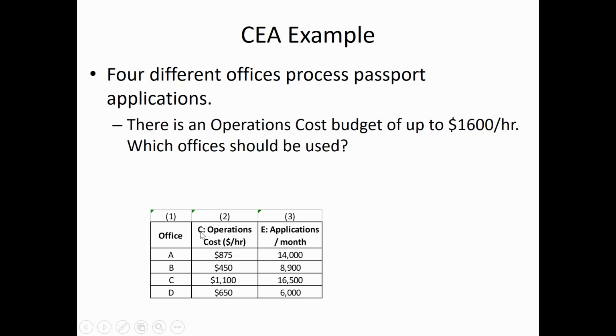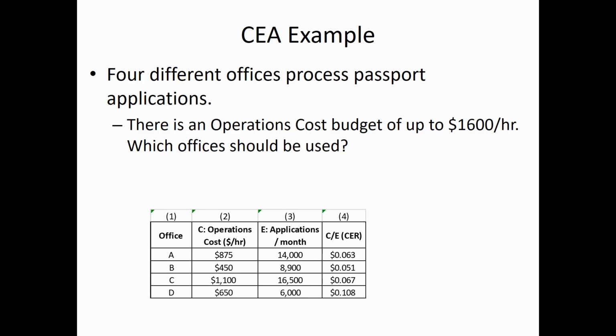We've got our costs and our effectiveness. Both of them are per unit time, but even though we're making a ratio, the time doesn't necessarily have to be the same. We could convert these costs per hour into cost per month by multiplying by 40 hours per week and 4 weeks per month. But since we're comparing the ratio A versus B versus C versus D, we don't necessarily have to have the same time units in the numerator and the denominator.